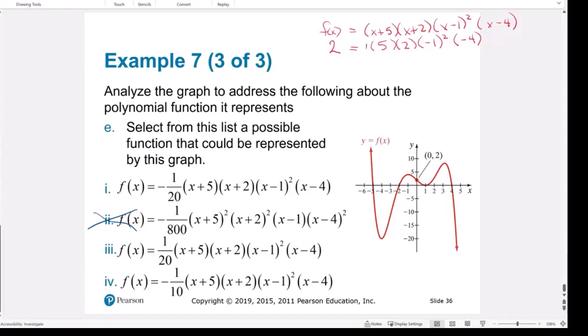What we're trying to find is a. 2 equals a times 5 times 2 is 10, minus 1 squared is 1, so 10 times 1 is 10, and 10 times -4 is -40. I divide both sides by -40. I get 2 divided by -40 is equal to a. If I simplify, a equals -1/20. The answer is the first one.